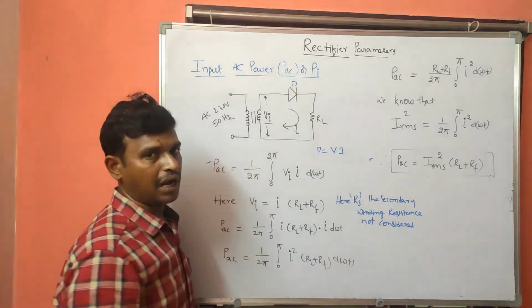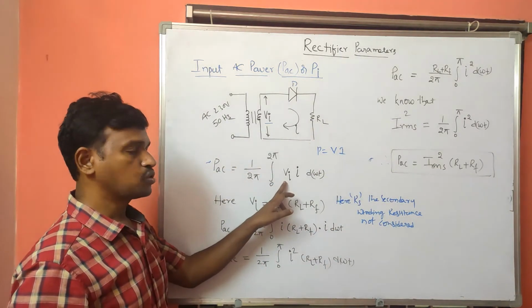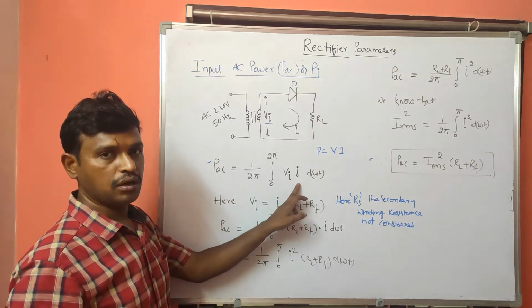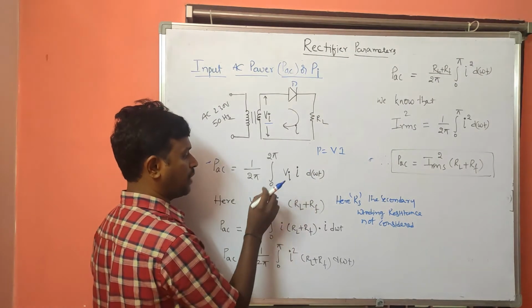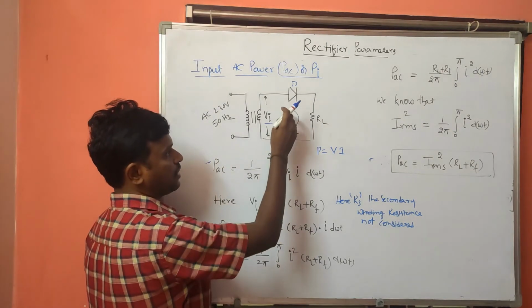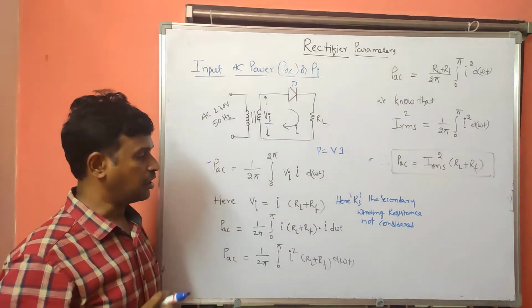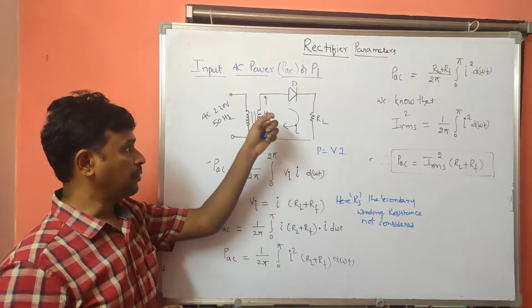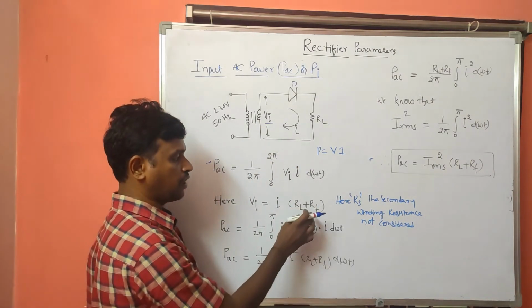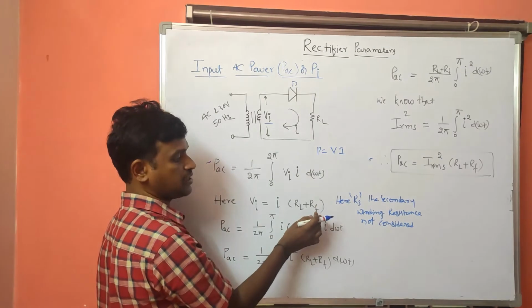So here what we have to calculate is the input power, that is Vi multiplied with the current I. But Vi is equal to what? Here I am considering RF because for the positive half cycle the diode will be in forward bias and it offers some resistance RF.